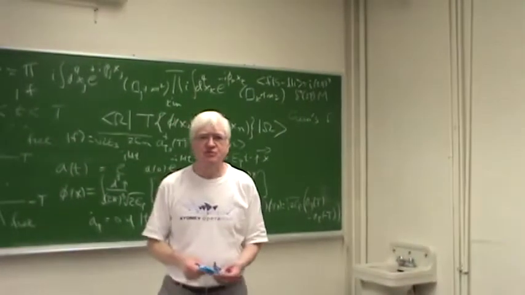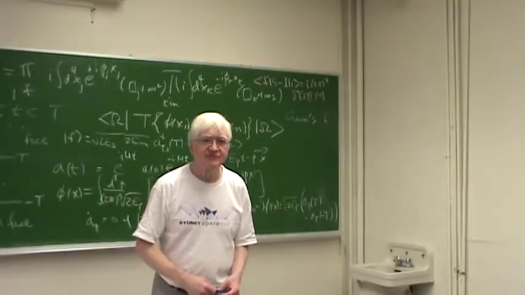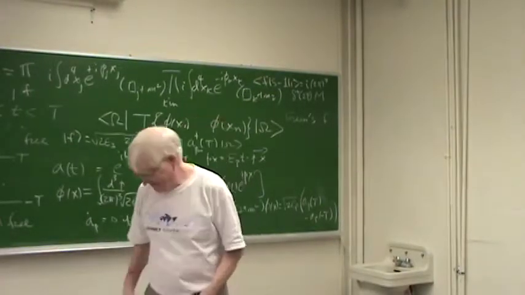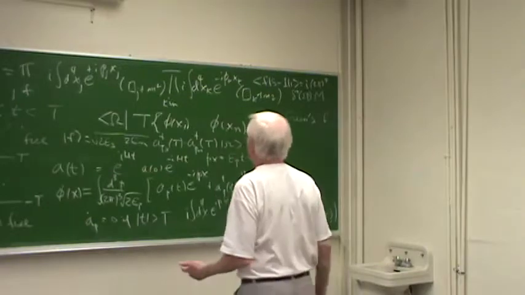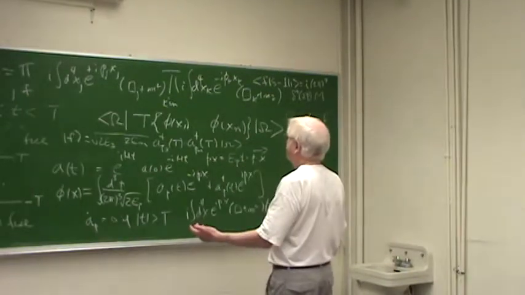Yes, why do we need this time ordered product? Why do we need the time ordered product? Well, you see, time ordering came in a natural way in the very beginning.